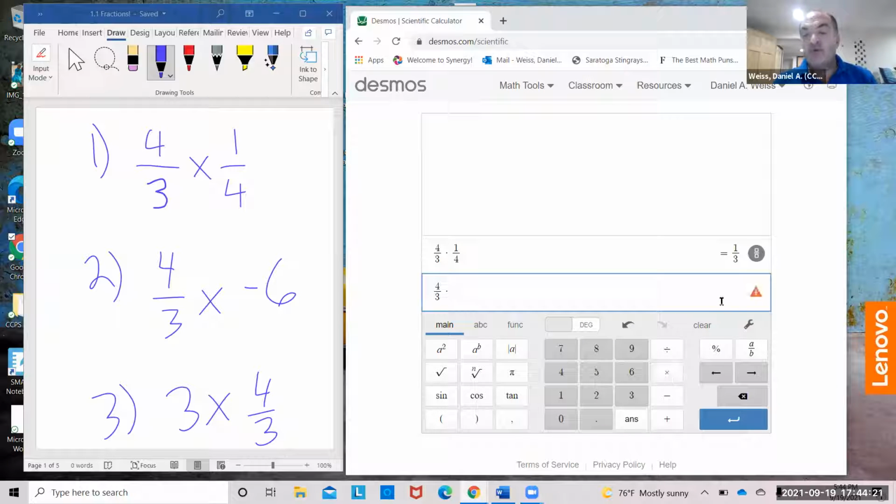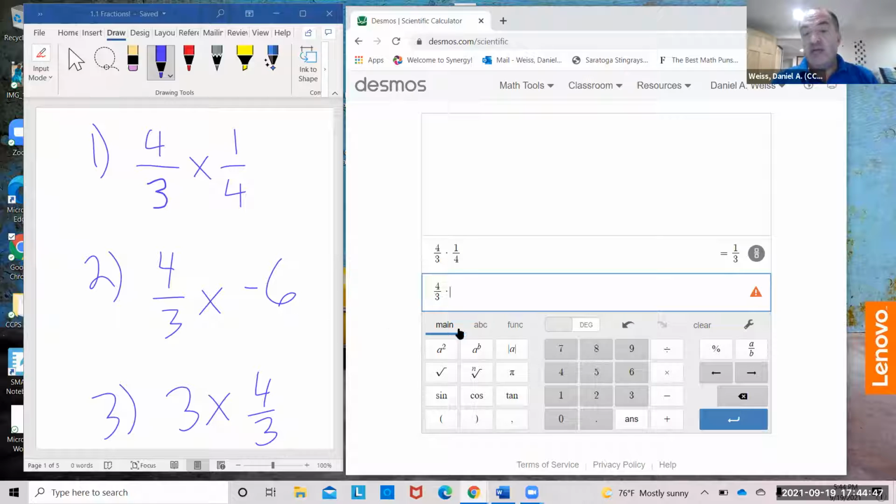4/3. Click to the right, times. Notice how the answer goes away as soon as I hit times, because I'm not done. This little exclamation point in the triangle says you need something on both sides of the times symbol, or else it's not going to give you an answer. So -6, I'm not going to do the A over B because it's basically an integer.